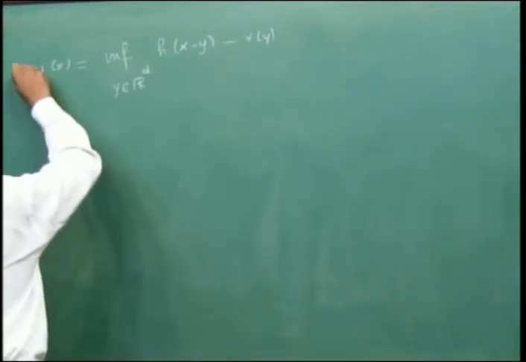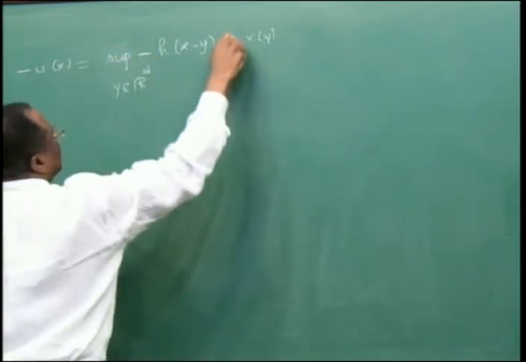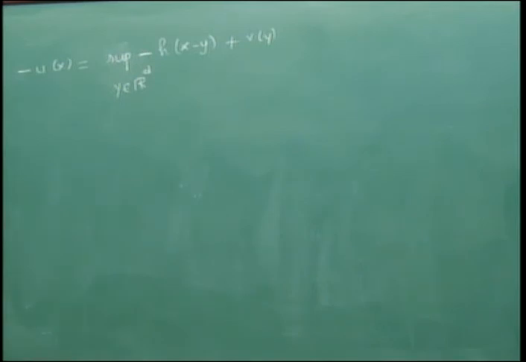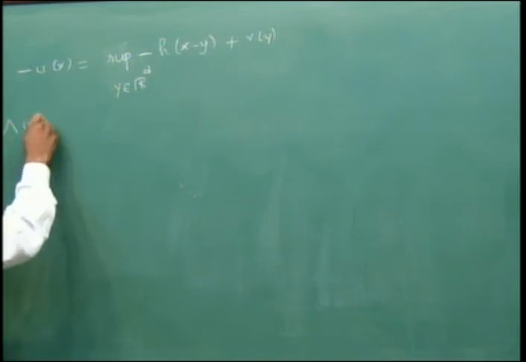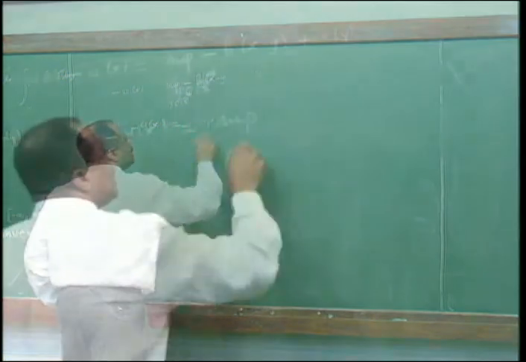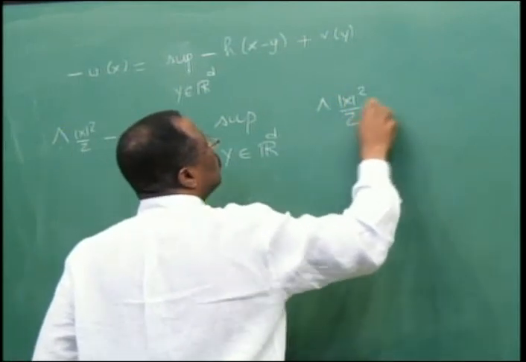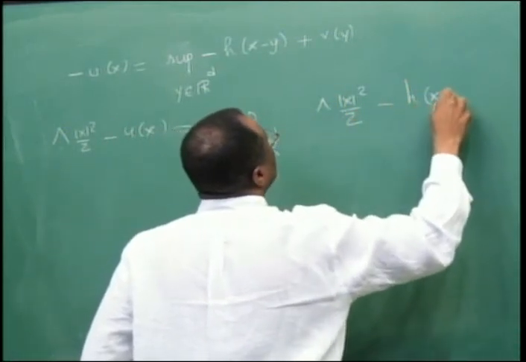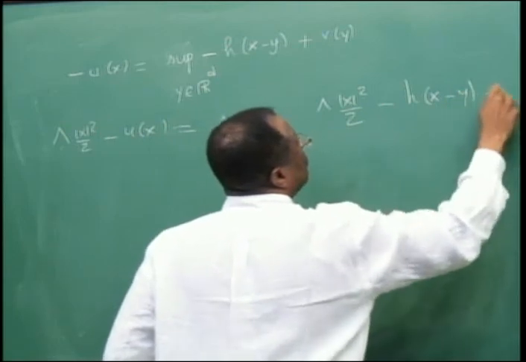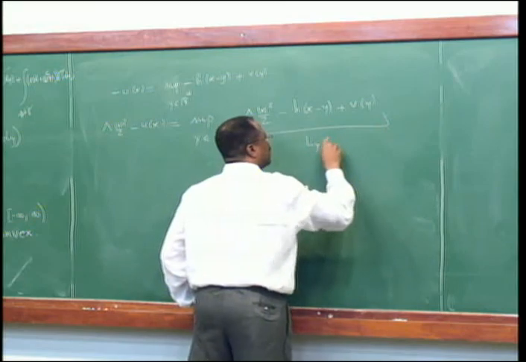Which means minus u of x is the supremum of that. Therefore, lambda |x|^2 over 2 minus u of x is the supremum over y in R^d of lambda |x|^2 over 2 minus h of (x minus y) plus v of y. And call this L_y of x.